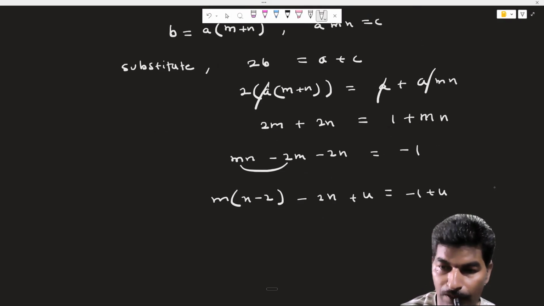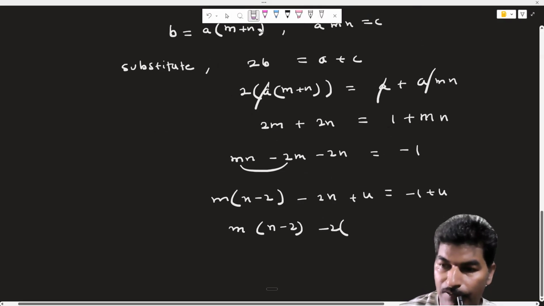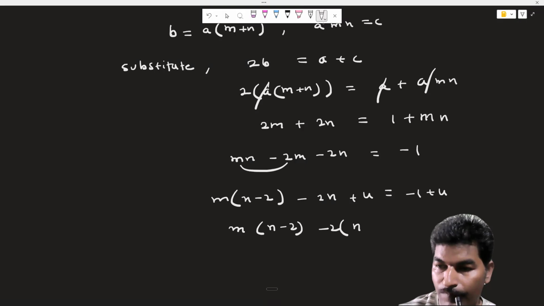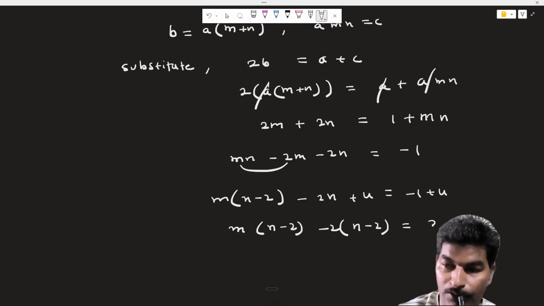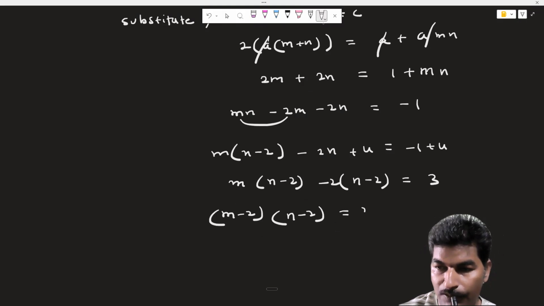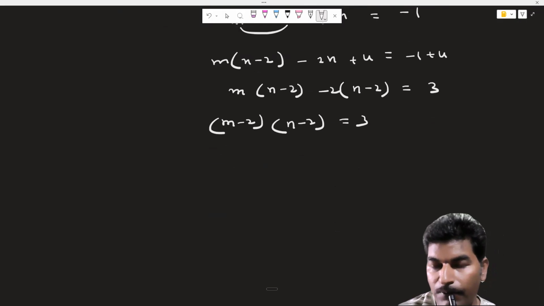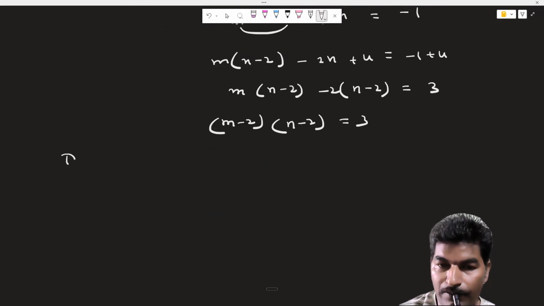So m times n minus 2, minus 2 times n minus 2, is equal to 3. Now we can break it into factors: m minus 2 times n minus 2 is equal to 3. Now you can see that this is a Diophantine equation.